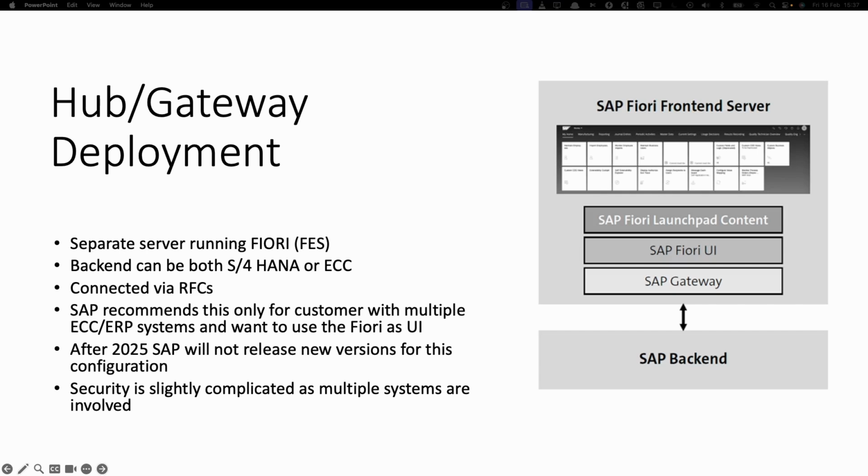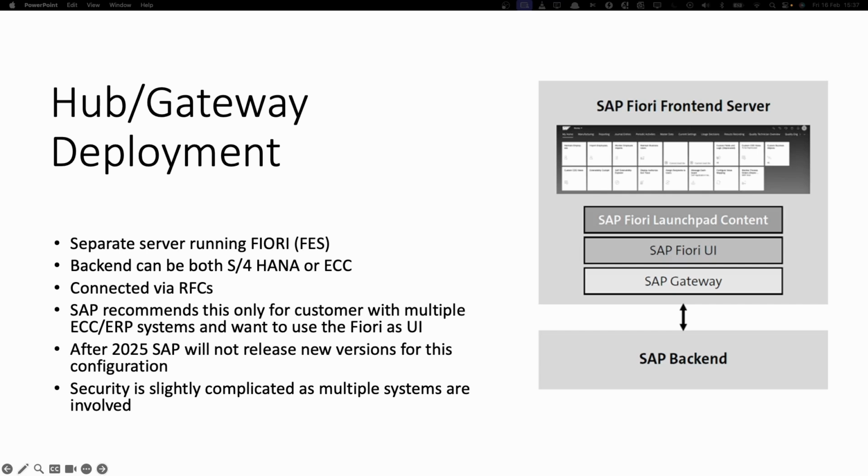All your UI functionality sits in the front-end system, all your master data, business logic, everything sits in the backend. So you use Fiori front-end as a gateway to access content, and that's why it's also called a gateway deployment.